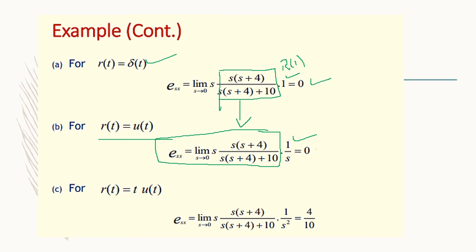Again, the value is 0. Now the last one is the ramp input. In the ramp input, it is 1 by s square, so I get some constant value. If you compare this problem with the previous problem, since the control system model is different here, I get a different steady state error output.